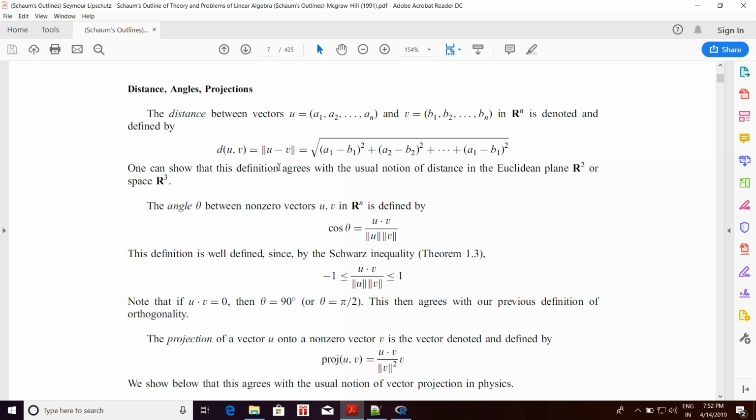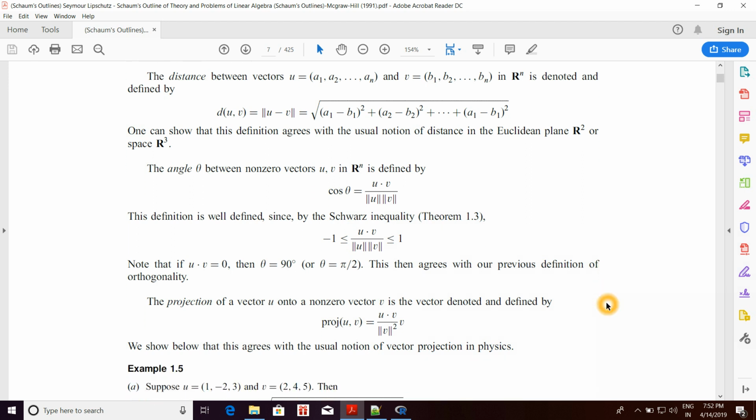The distance between these two vectors is the norm of the difference of these two vectors, that is the usual distance in the Euclidean plane. The angle theta between the vectors u and v is defined as cos theta equals the dot product of u and v divided by the product of the norms of these two vectors.